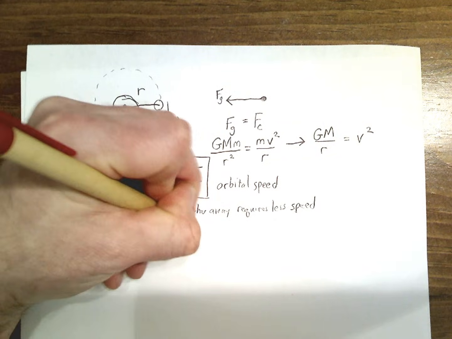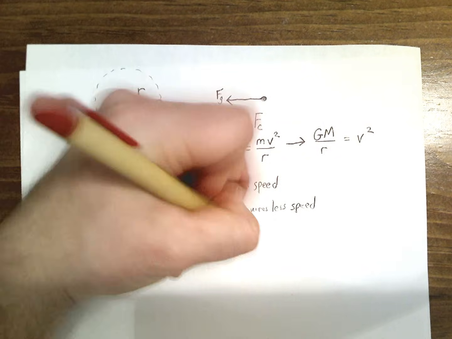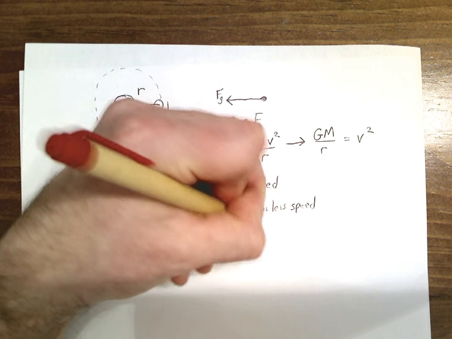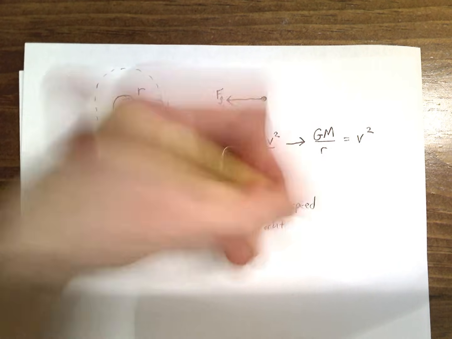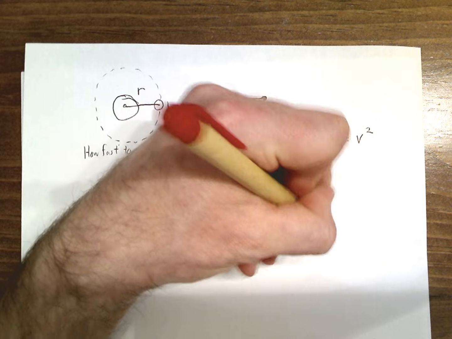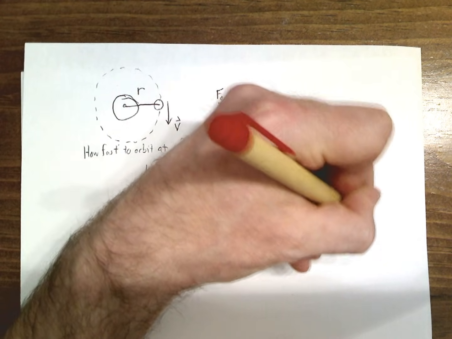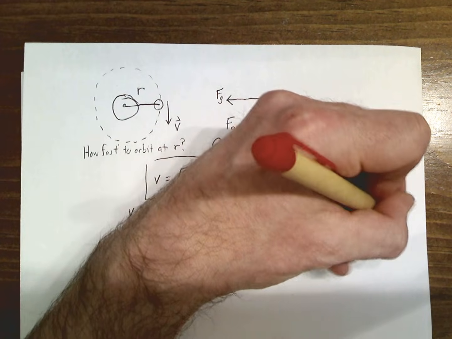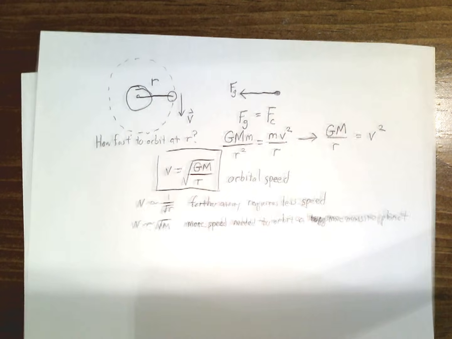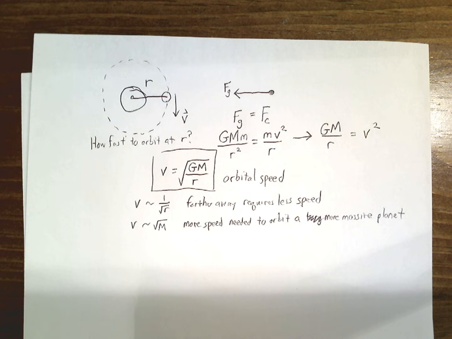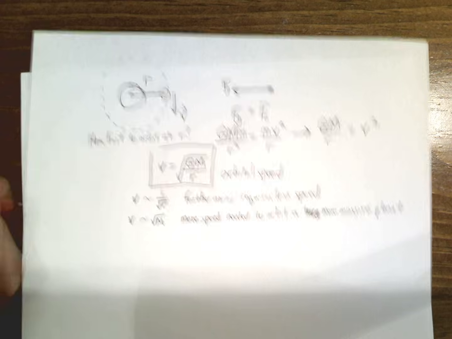So more speed needed to orbit a larger, more massive planet, we'll say. It turns out to orbit near the Earth's surface, you need a speed that would essentially get you around in about 90 minutes, which is also about what the International Space Station orbits at.